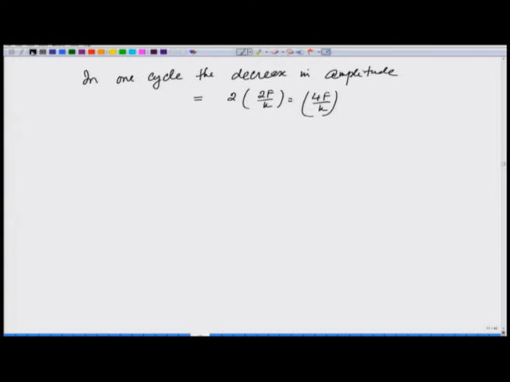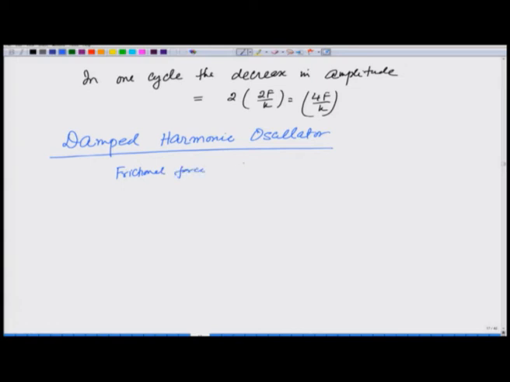The other case, which is referred to, as I said earlier, as the damped harmonic oscillator, is when the frictional force is proportional to x dot. This is like the force you see in Stokes's law, or velocity dependent drag.